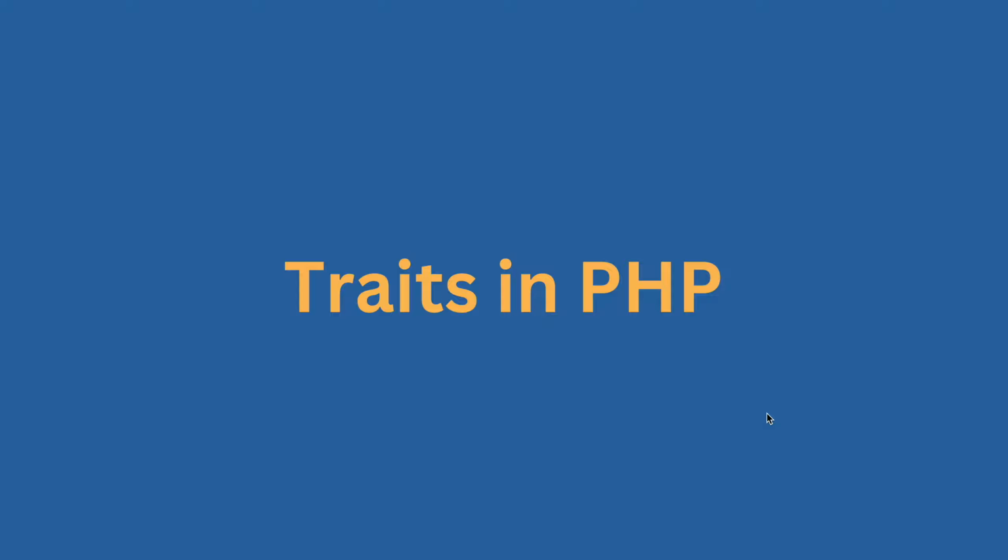So as I have already mentioned, PHP does not support multiple inheritance, right? So we can take the advantage of this. Now, why do we need multiple inheritance? What is the need of using multiple inheritance?